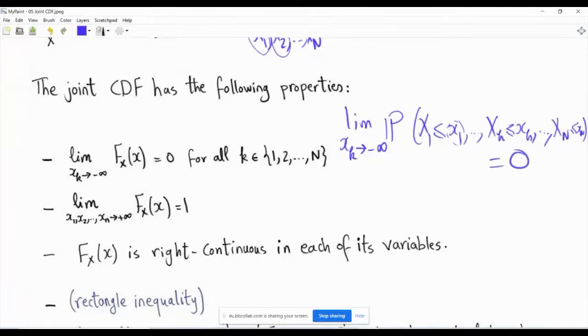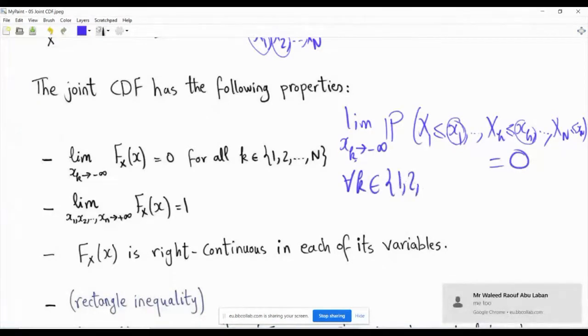So if you take any one of those guys and take the limit, this is true for every k, for k equal to 1, 2.